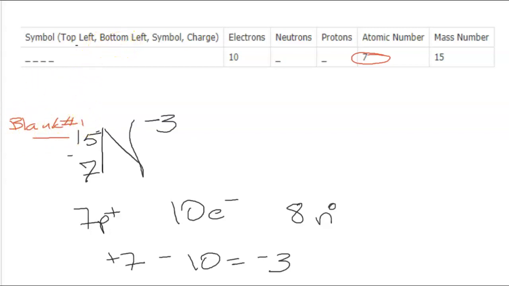Blank number 2 is the bottom left, so that's going to be this number. So that's blank number 2. Okay, the next blank, so the third blank is my symbol. That's going to be the N, the capital N for nitrogen. And then the fourth one is going to be my charge. So that's going to be this piece right here. So this is going to be blank number 4.